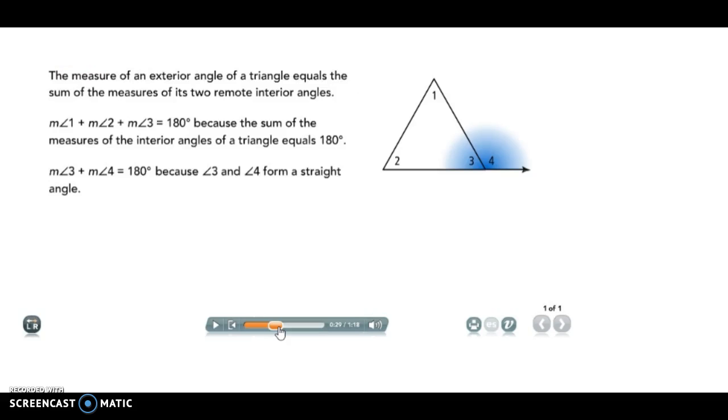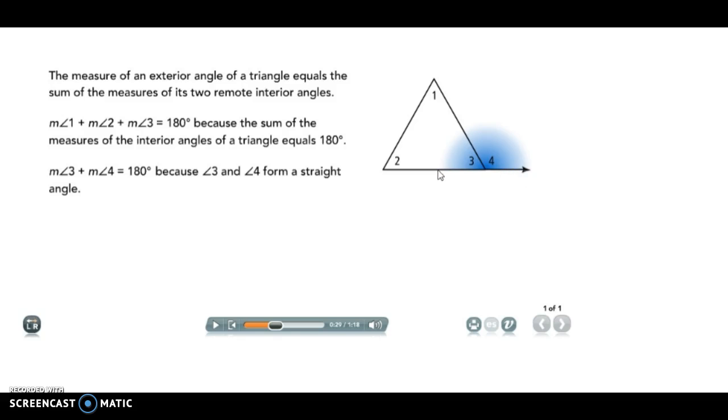Okay, so let's prove this theory that angle 4 should equal angles 1 and 2. We know that the measures of angles 1, 2, and 3 are going to equal 180 because they're all interior angles of a triangle, and all interior angles of a triangle add up to be 180. That was yesterday's topic. We also know that angles 3 and 4 equal 180 because 3 and 4 form a straight line right here.